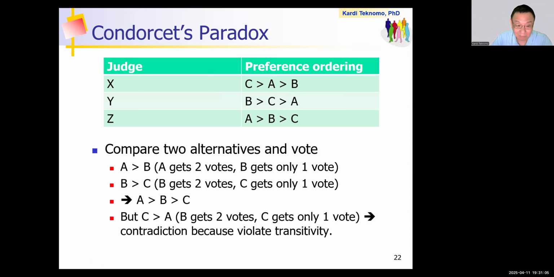So this is a problem in group decision. This is called the Condorcet paradox.